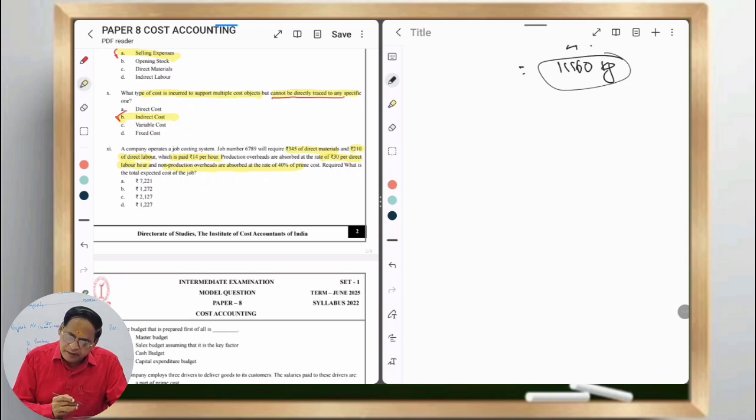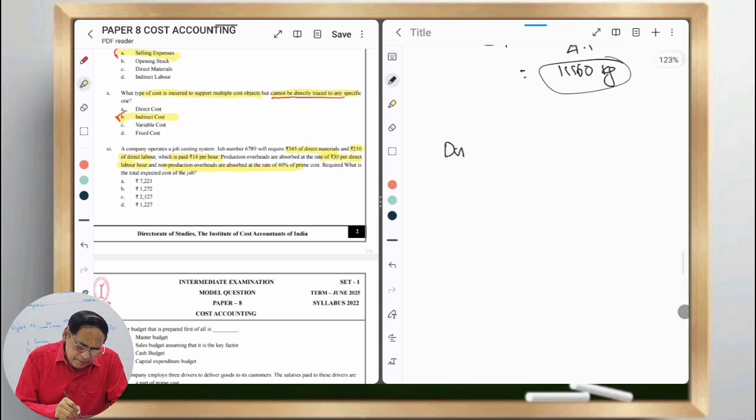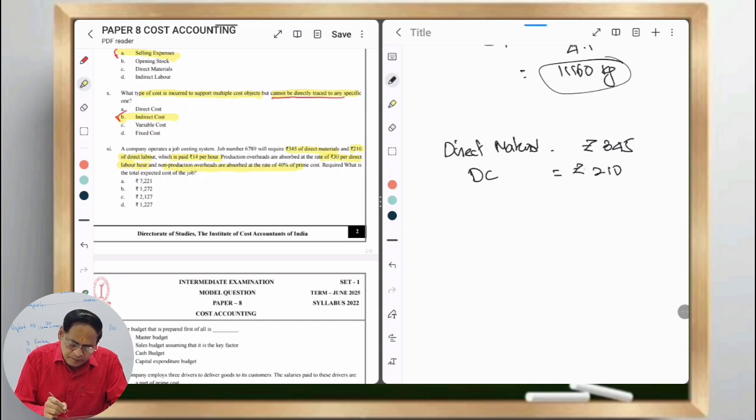Direct material is rupees 345, and direct labor is 210 rupees.